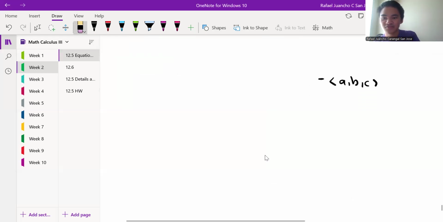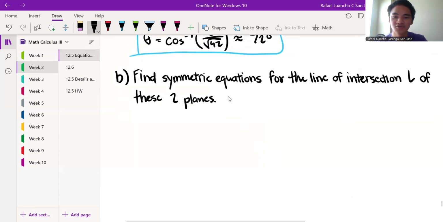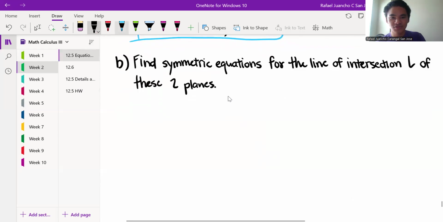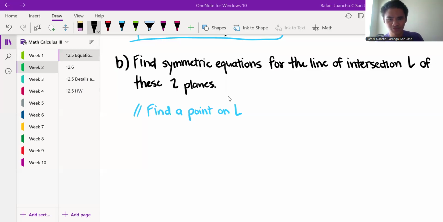Could be xz or yz plane, but let's just do xy plane because it's easier. We're used to doing that. So that's the first step. You want to find a point on that line L. So let's set z to 0, since we're saying that the line intersects the xy plane.